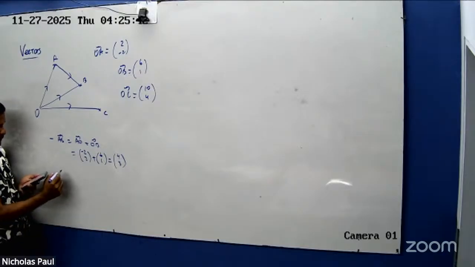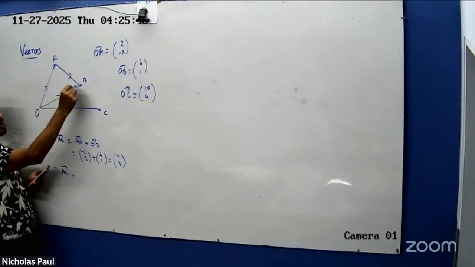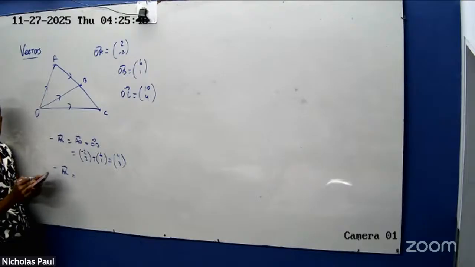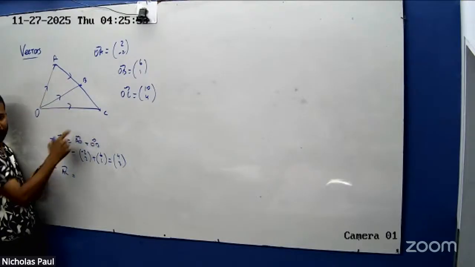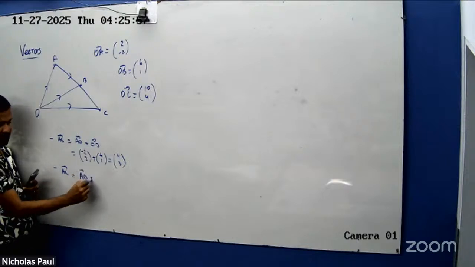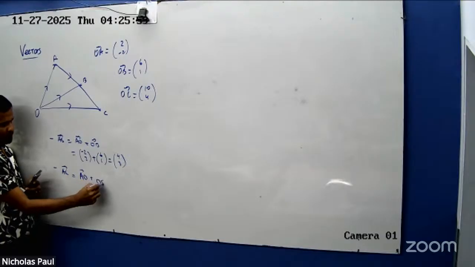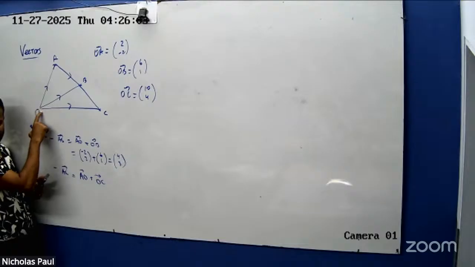Next one, AC. How are we getting AC? Draw a line, A to C, and AC is AO plus OC.